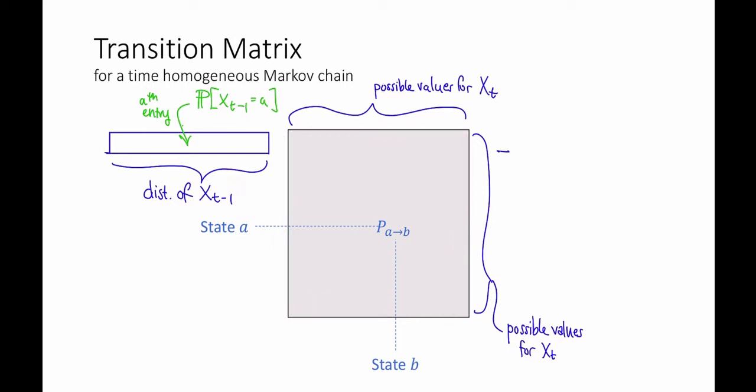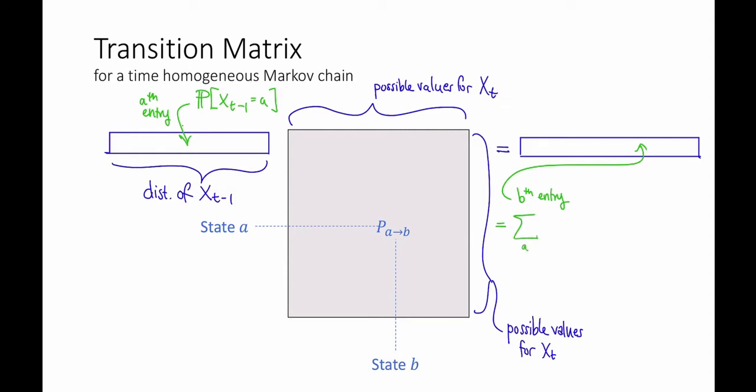When I do that, I get some other vector. And the bth entry of this vector is equal, just because of how matrix multiplication works, to the sum over a of this value, the probability of transitioning from a to b.